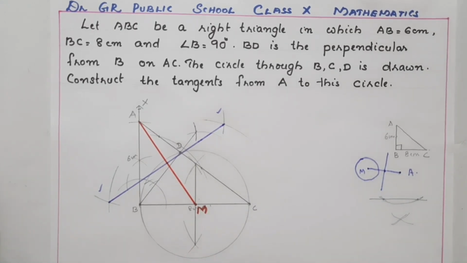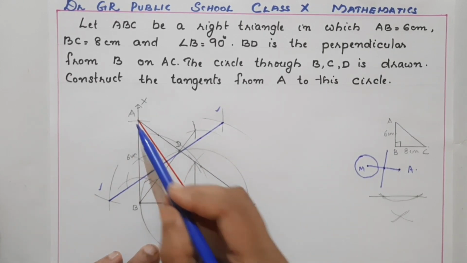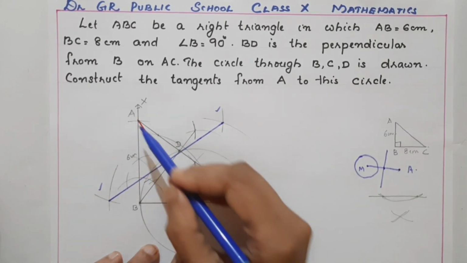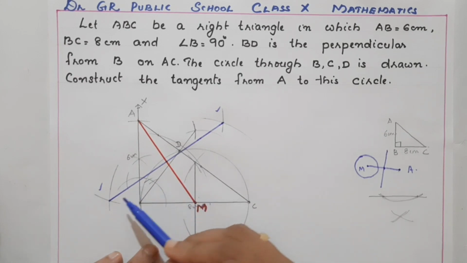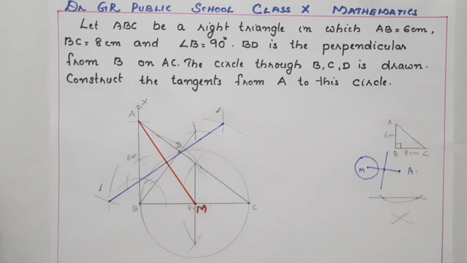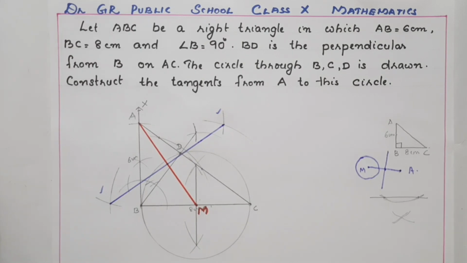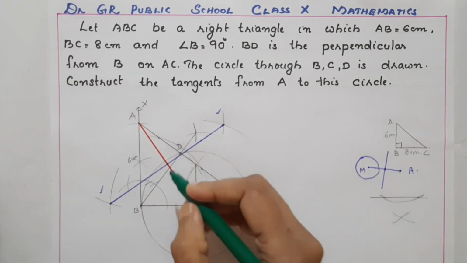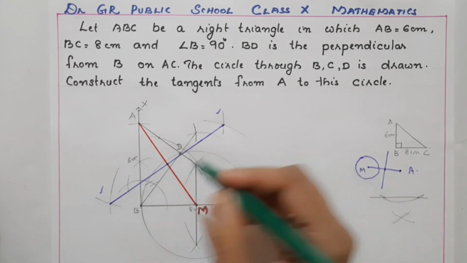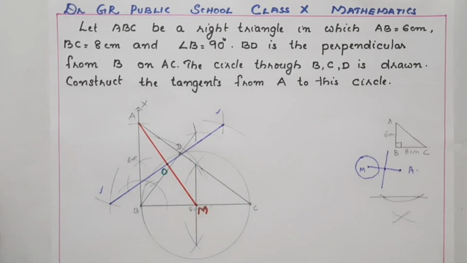Isn't it? So here we have the line segment from the external point, line segment AM. Then we have drawn the perpendicular bisector here. Now which is the midpoint? Midpoint is here, and this is the midpoint that I am giving the name O. Okay.